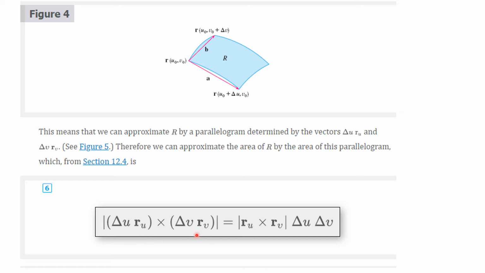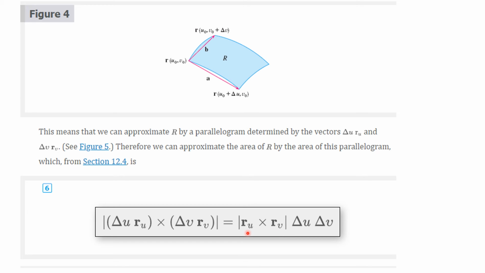And if you calculate this, I encourage you to do so, we will find that delta u and delta v are common factors of the two, so they can be factored out. And what you will get is that this is going to be equal to the magnitude of the partial of r with respect to u, vector cross product, the partial of r with respect to v.